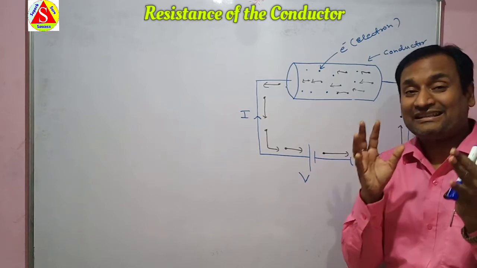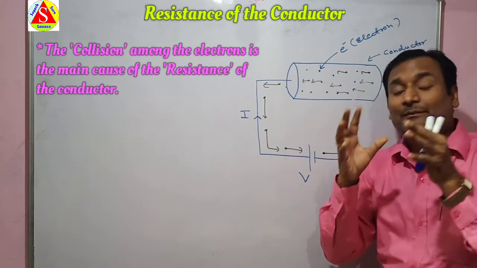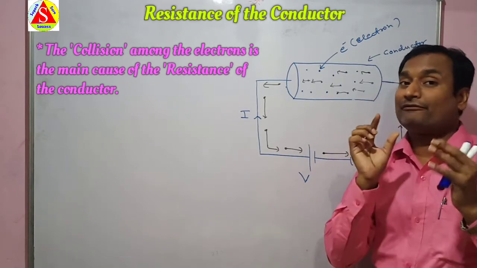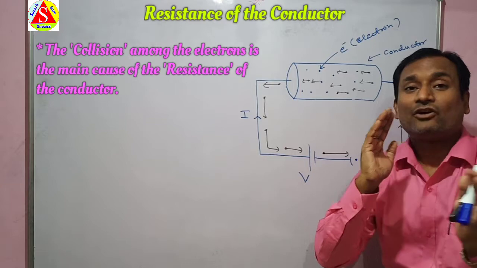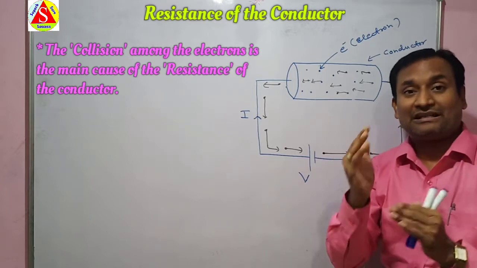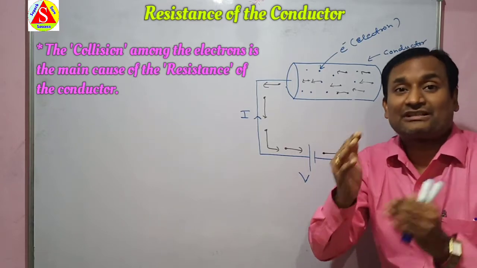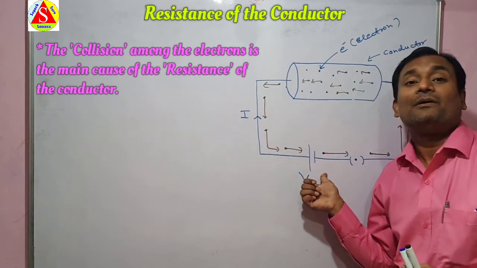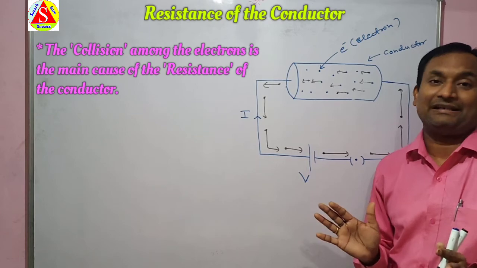So we can say the collisions among the electrons are the main cause of resistance, because collision is a kind of resistance or obstruction to all the electrons reaching the positive terminal of the battery.